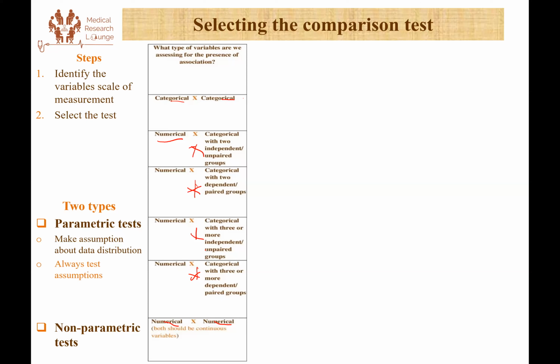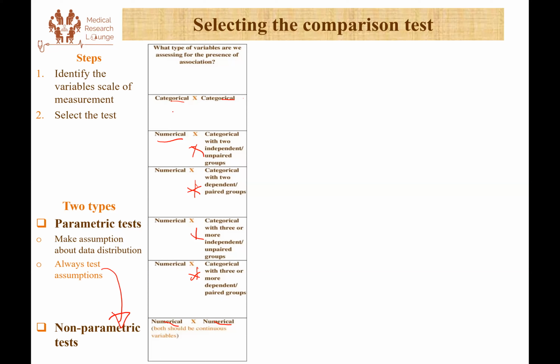So we always have to test their assumptions. But sometimes our data might have a distribution that is not normal or that doesn't represent the whole population. We might have skewed data. In that case, when the assumptions fail, instead of using the parametric test, we jump to using the non-parametric test.